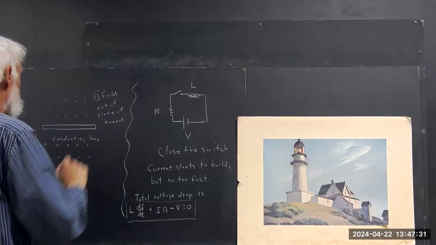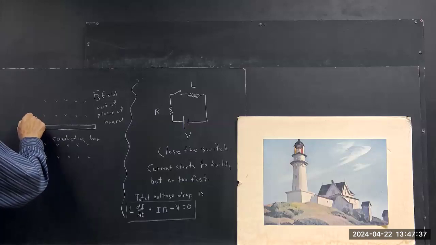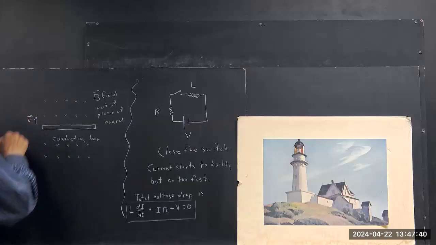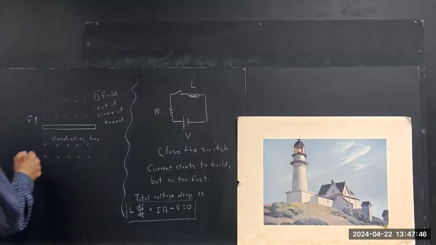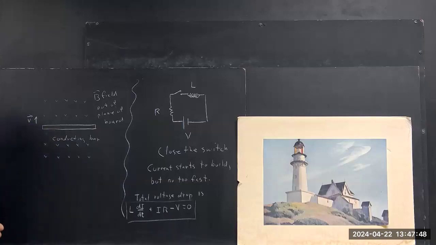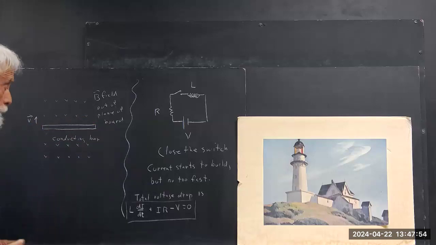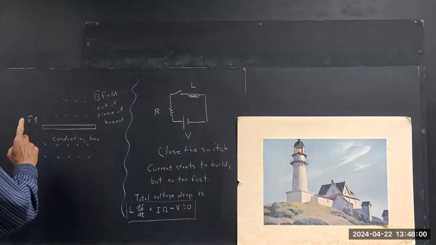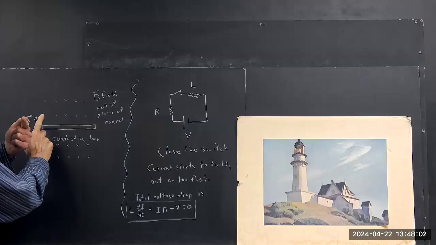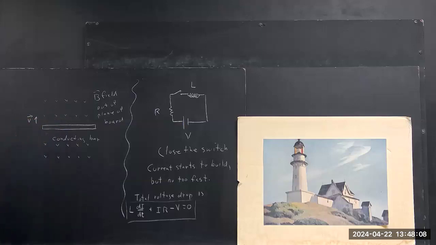So this thing's moving at velocity v. And then the charges. Let's just say you've got positive charges, even though you know you've got negative charges. Those positive charges are moving this way in a magnetic field that's directed this way, giving you a force in this direction. Okay, makes sense?